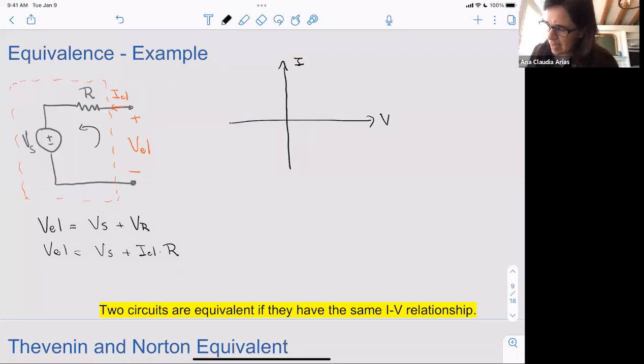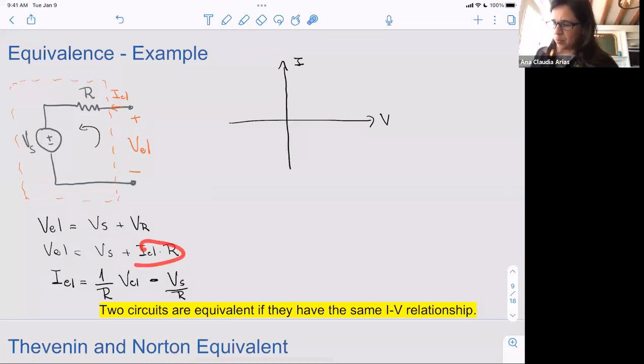So from that, I can write that I element is going to be equal to 1 over R, like was in the chat, V element minus Vs over R, right? I just manipulated this equation, put Vs to the other side and divided by R.